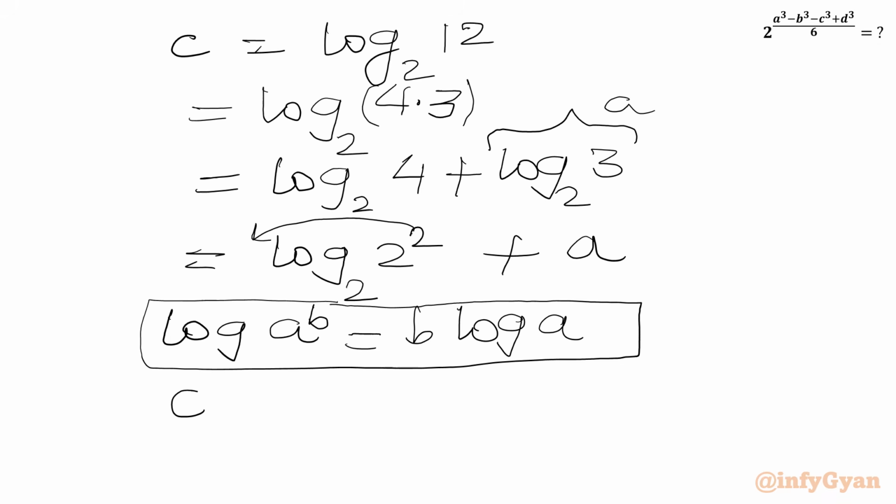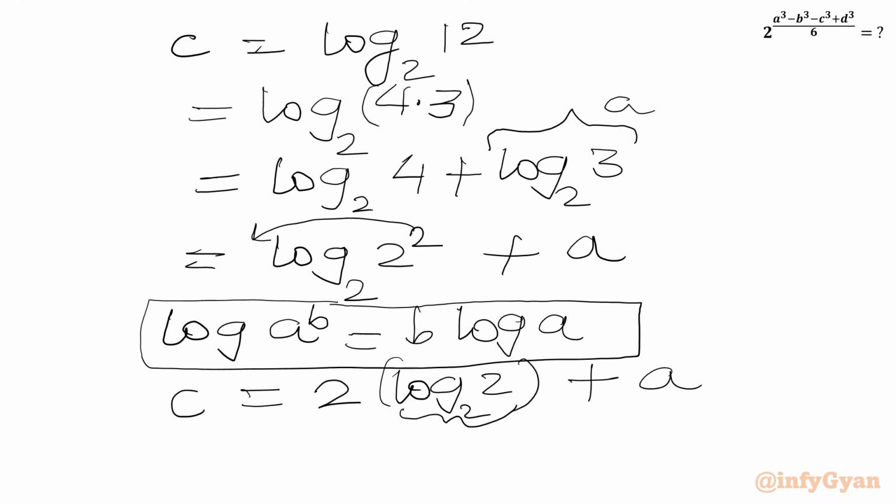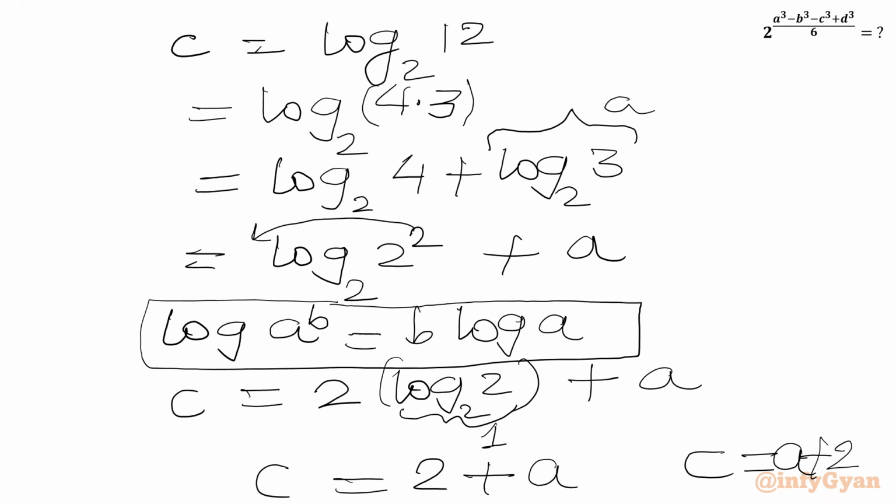So I can write c equal to 2 times log 2 base 2 plus a. Log 2 base 2 is 1. So we are getting c equal to 2 plus a, or c equal to a plus 2. So b was a plus 1, c is a plus 2.